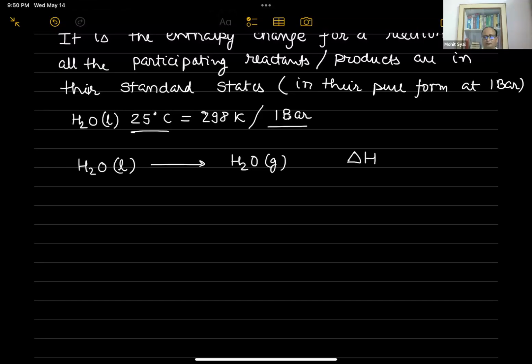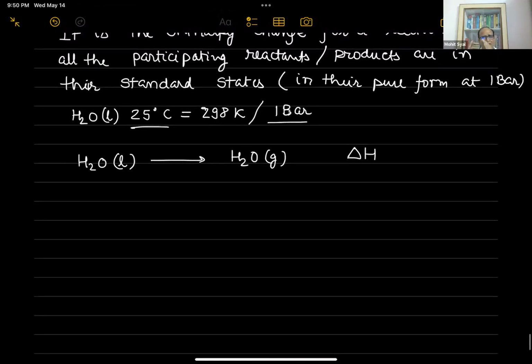These standard enthalpy changes are further given names. Standard enthalpy change is the name for all reactions. For each specific reaction, whatever is happening, accordingly that standard enthalpy change is allotted its name.